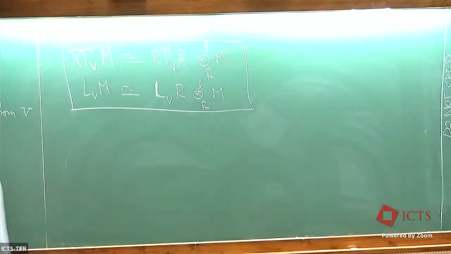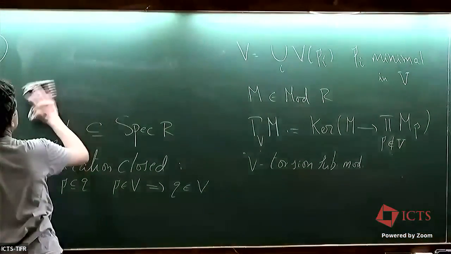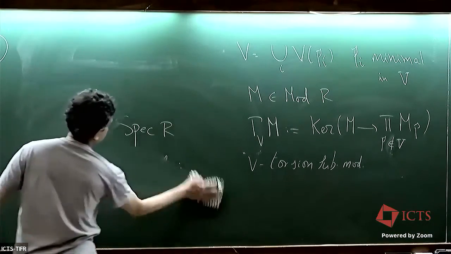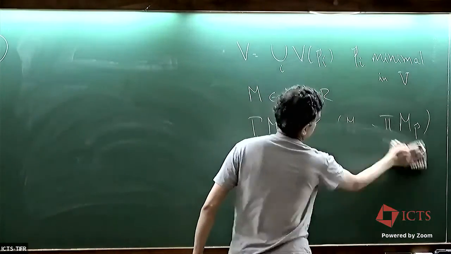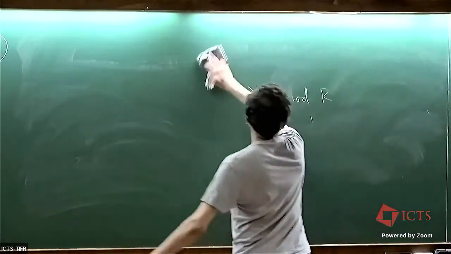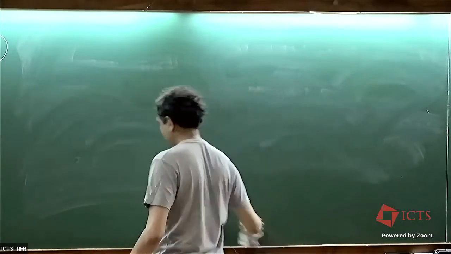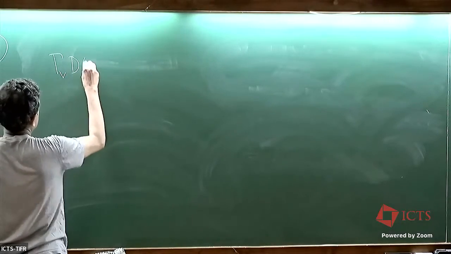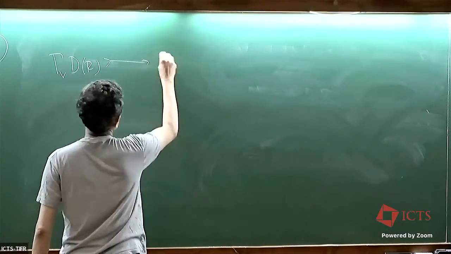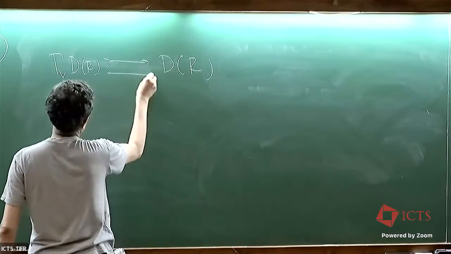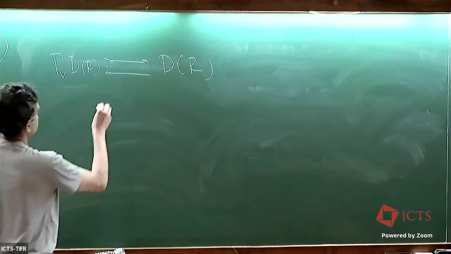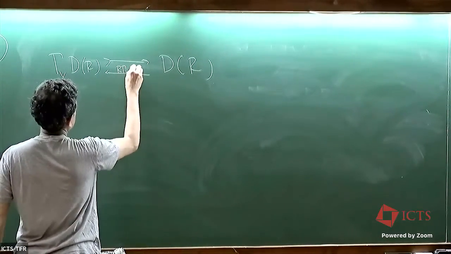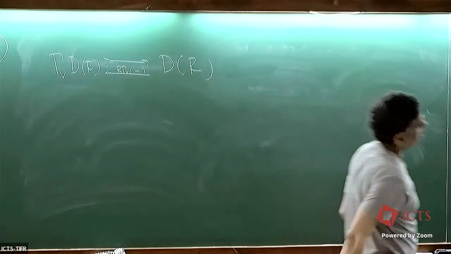Okay, so another consequence of this is the following. Let's look at this inclusion of the V-torsion subcategory into the full derived category. As I said, this has a right adjoint, which is gamma. I should have written it there perhaps.